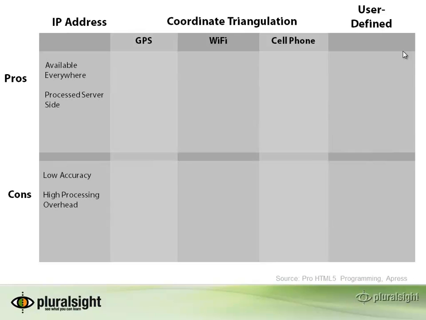The first approach is IP address, which is nice because it's available just about everywhere. Just about any device that's connected to the web ends up resolving an IP address. It's processed server side, which is great, so it doesn't take up resources on the client machine, but unfortunately it can be quite inaccurate.